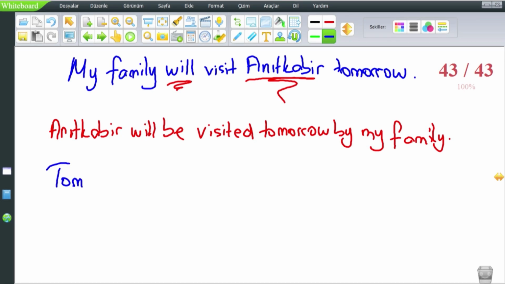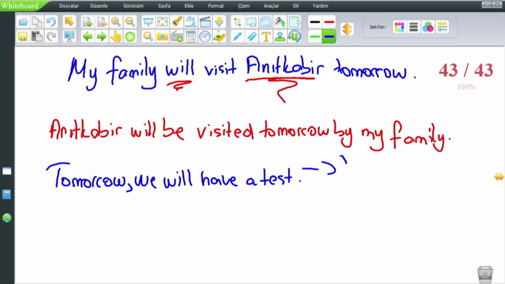Tomorrow we are, or not we are going to, but we will have a test. Looking at my tense, future, looking at my object, test.